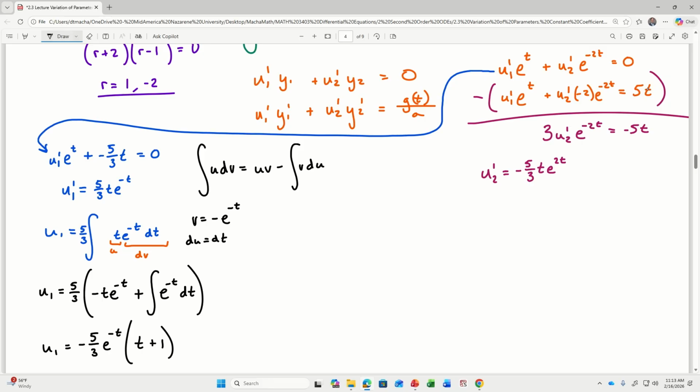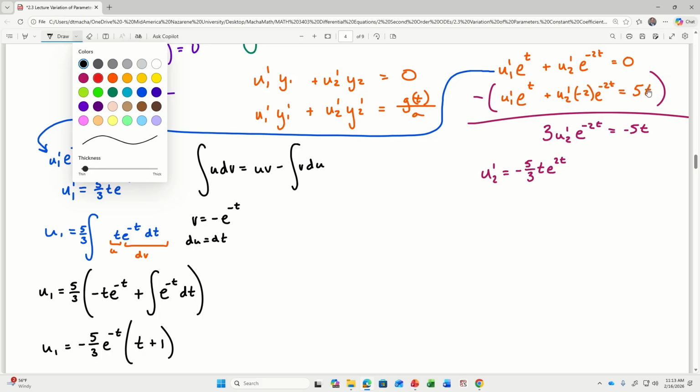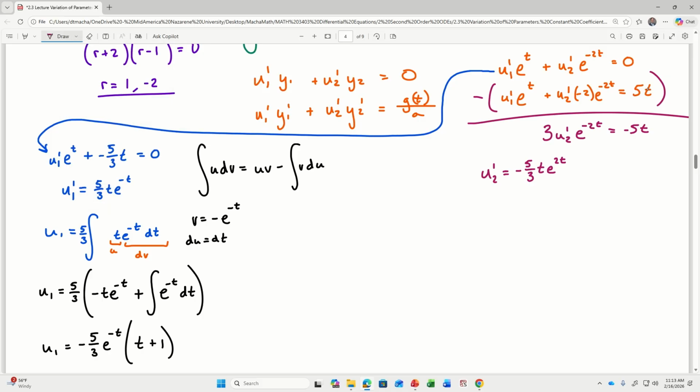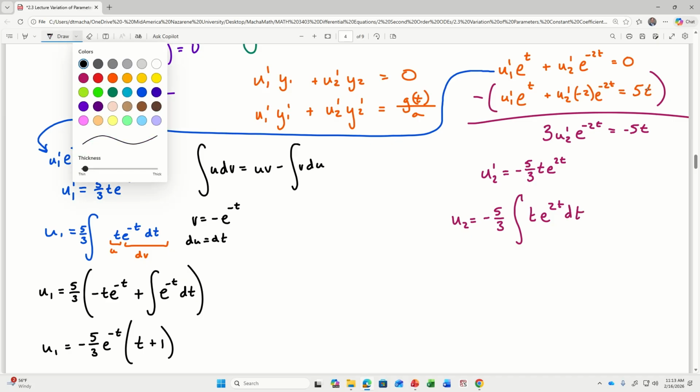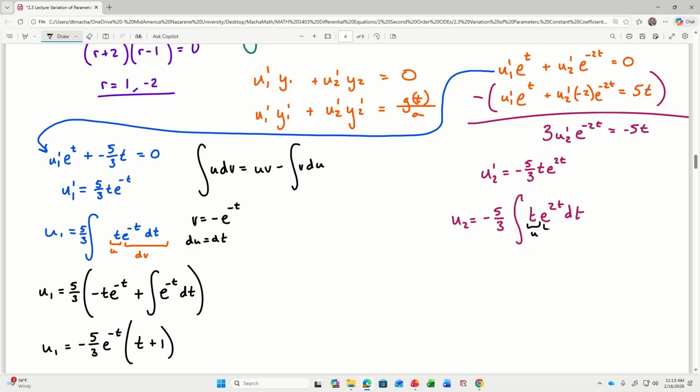Okay, now back over here where we've got u2 prime. u2 is going to be the antiderivative of negative 5/3 t e to the 2t, which once again is going to be integration by parts, where t is the u and e to the 2t dt is my dv.